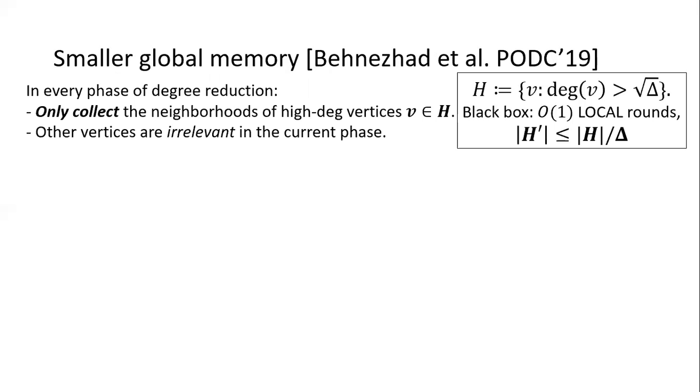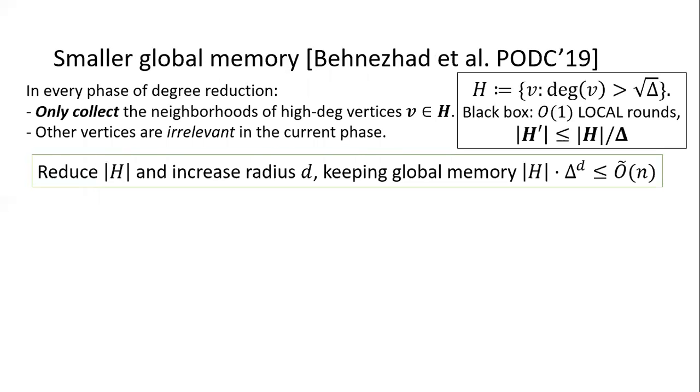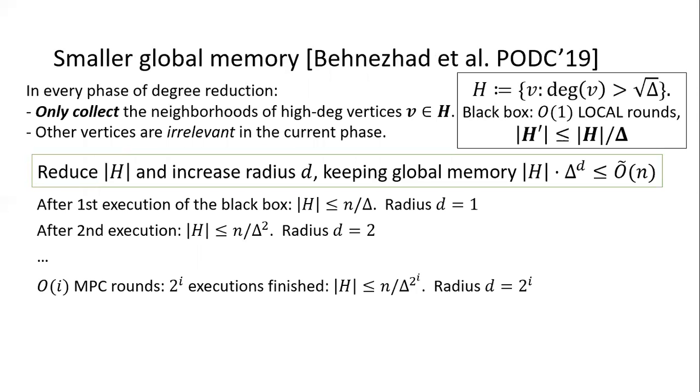This observation can reduce the global memory because now we only need to store the neighborhoods of H, the high degree vertices. And we know that the size of H is decreasing very fast. So the idea is that as the size of H decreases, we gradually increase the radius d and maintain the global memory to be near linear.